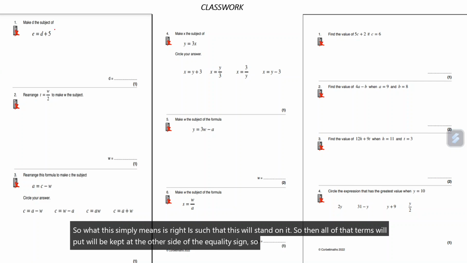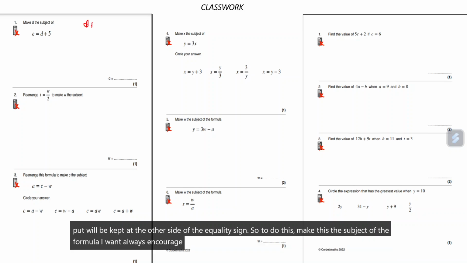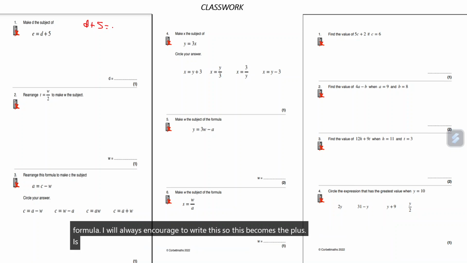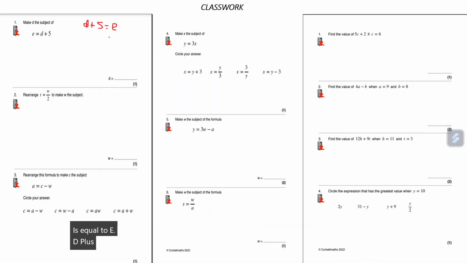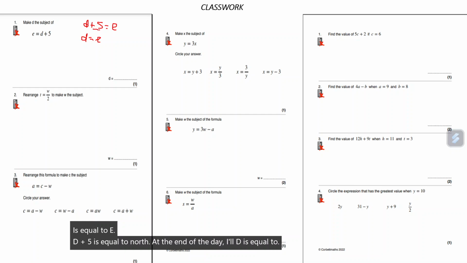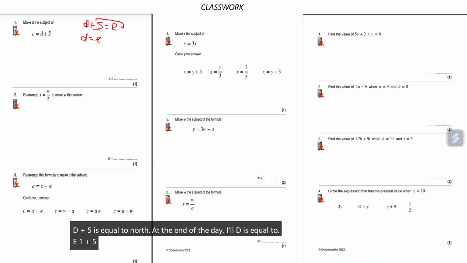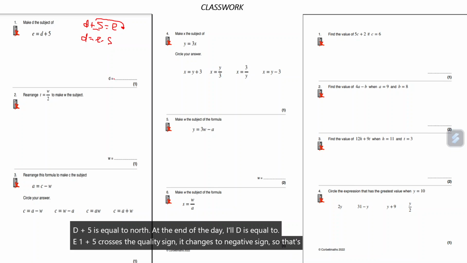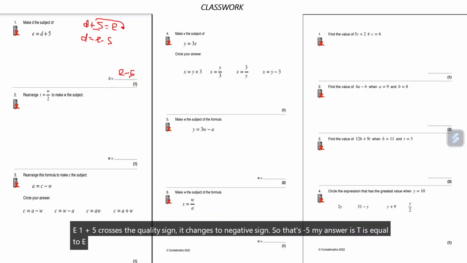So to make D the subject of the formula, I will always encourage you to write this: D plus 5 is equal to E. At the end of the day, our D is equal to E. Once plus 5 crosses the equality sign, it changes to a negative sign, so that's minus 5. So the answer is D is equal to E minus 5.